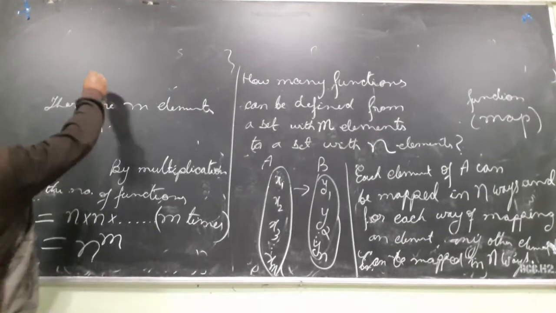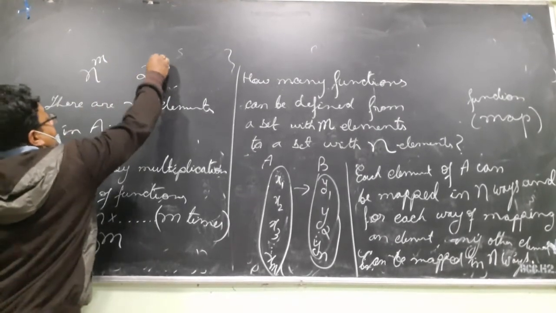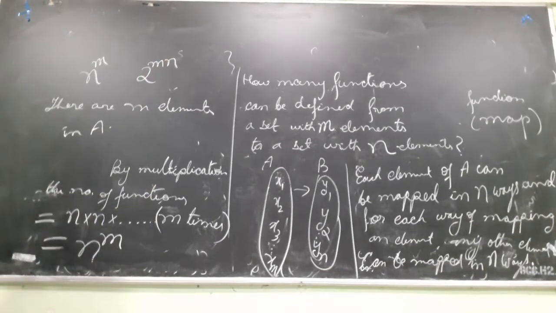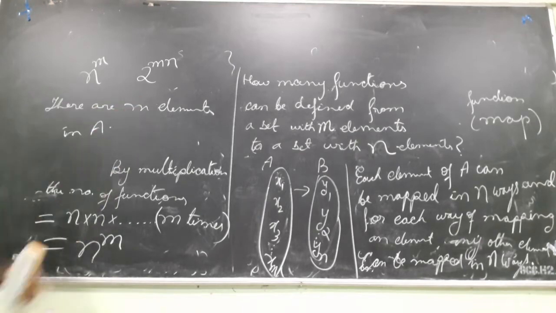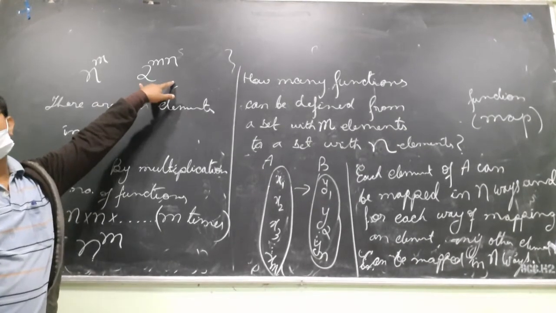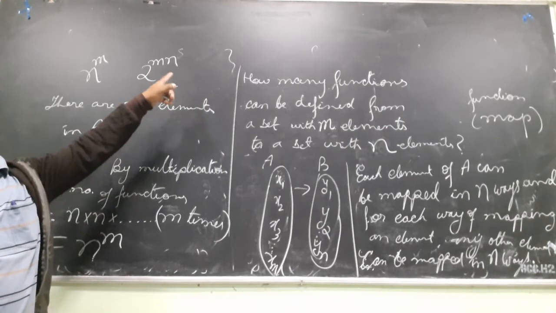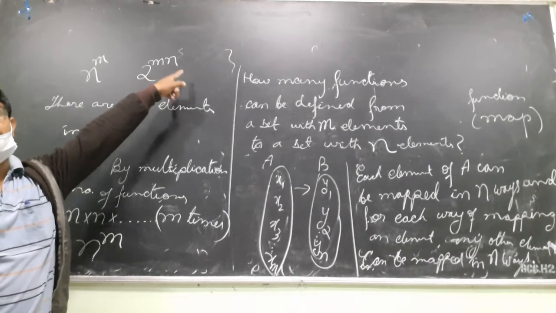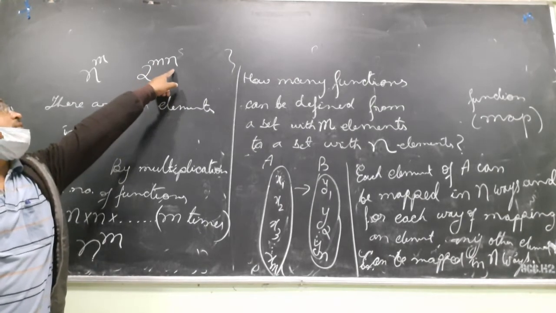So tell me which one is greater, n to the power m or 2 to the power mn? For any positive integers m and n, which one will be greater? 2 to the power mn gives you the total number of subsets of A cross B, the Cartesian product of a set having m elements with a set having n elements.